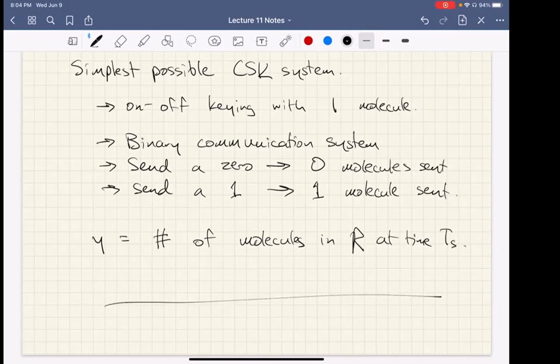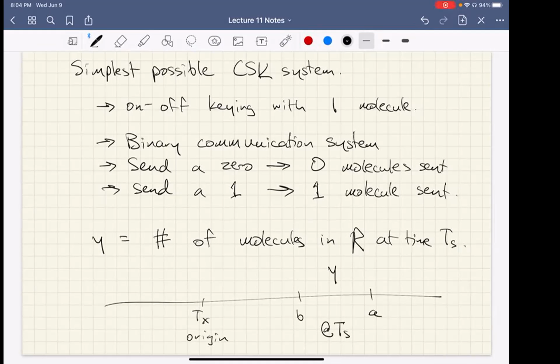So here is my region. There's my transmitter at the origin. Here is my region. And the idea is at time TS, I count the number of molecules Y that are in the region.